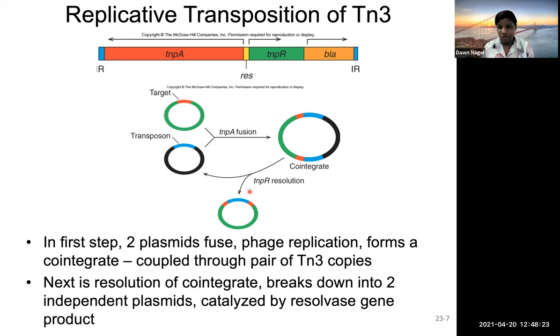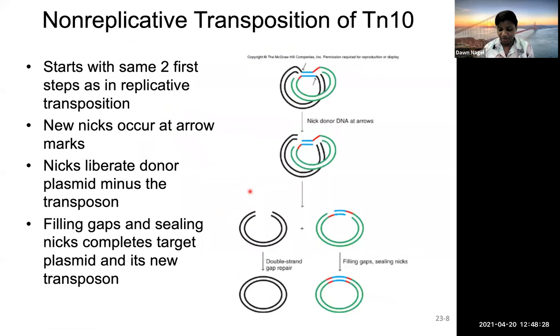And the other way that you can have this moving around of these transposable elements is a non-replicative transposition, as in the case of this other transposable element, Tn10. The idea is very similar, except it's being cleaved from the original location to the new location.